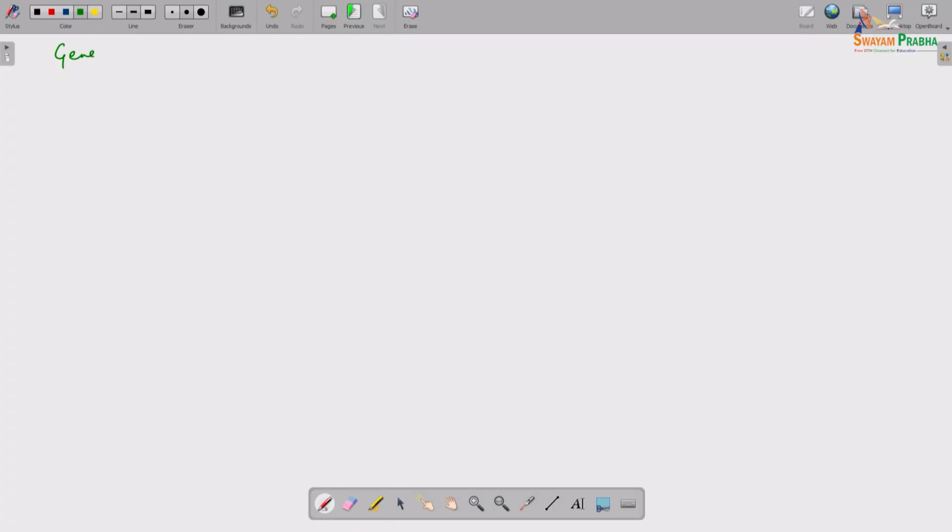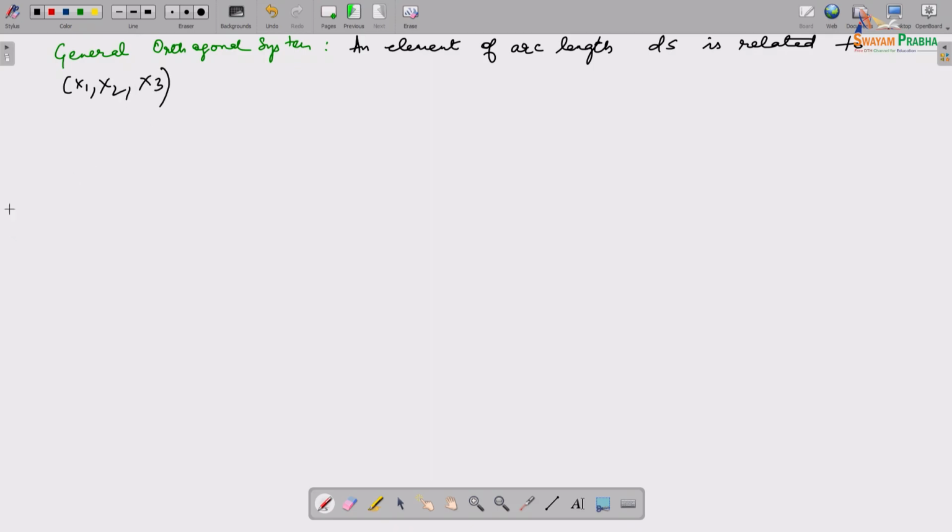In a general orthogonal system, an element of arc length ds is related to the coordinate system, x1, x2, x3, through scale factors, which are h1, h2 and h3. In what way? In this way.